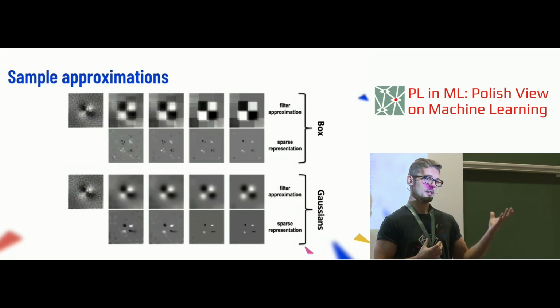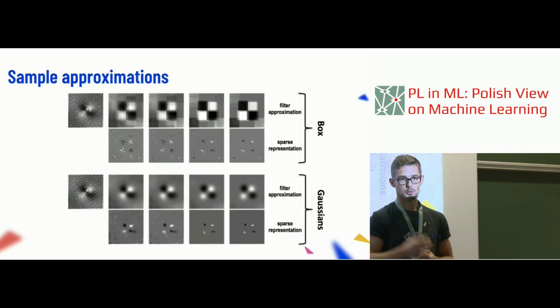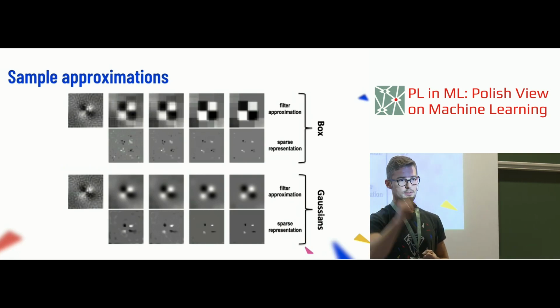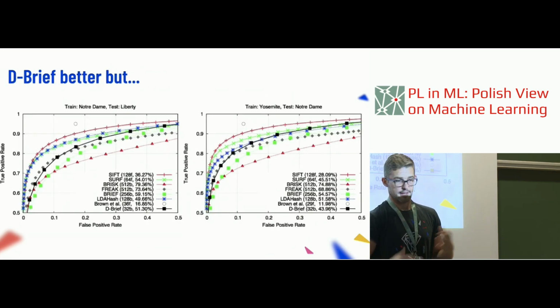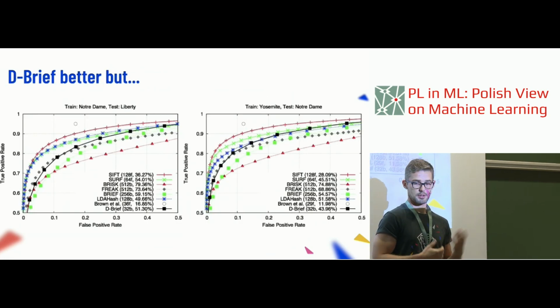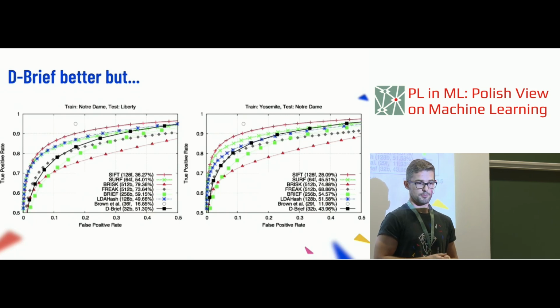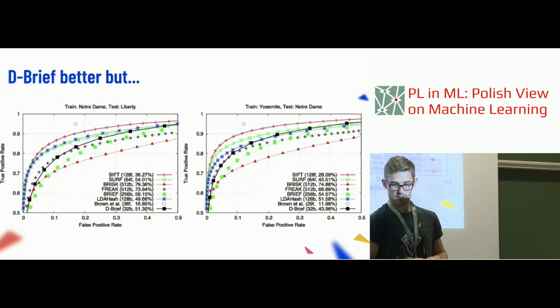We get the projection, and we get the approximation of the projection, which is much faster to compute, because you just pick several elements from your dictionary and you compute them at a given point of the image. Similar for the Gaussians. And this is how we compute our first descriptor, the BRIEF. That was published back in 2012 at ECCV. However, we were not able to outperform the state of the art at that point.